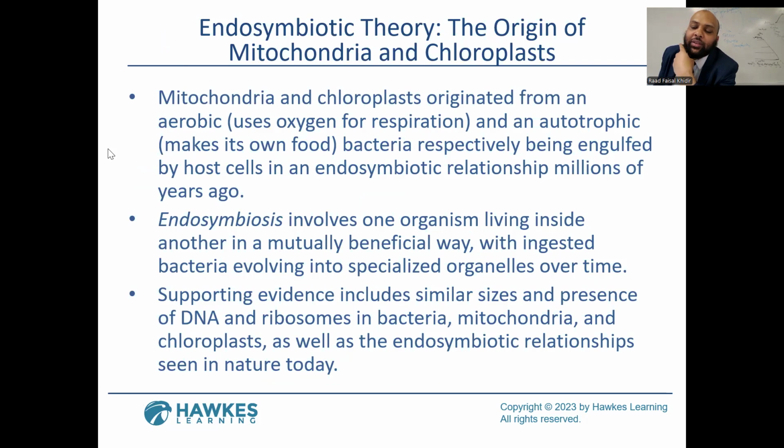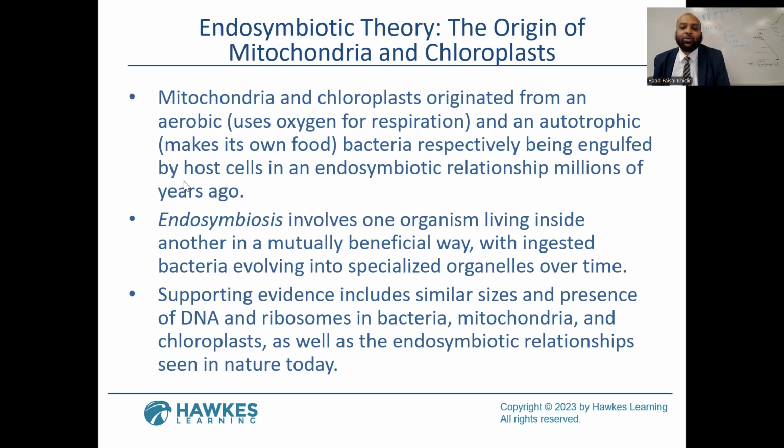So the endosymbiotic theory explains the origin of the mitochondria and the chloroplast. Mitochondria and chloroplasts originated from aerobic bacteria that use oxygen for respiration and autotrophic bacteria that make their own food. These were engulfed by host cells in an endosymbiotic relationship.